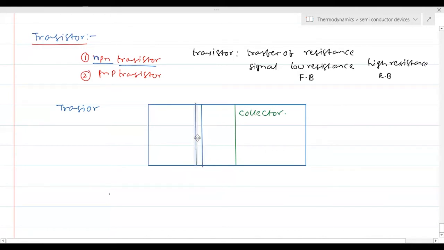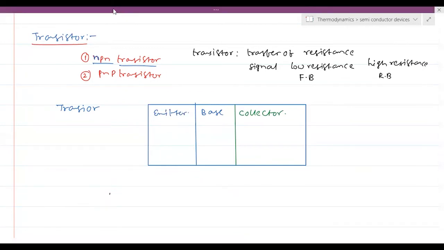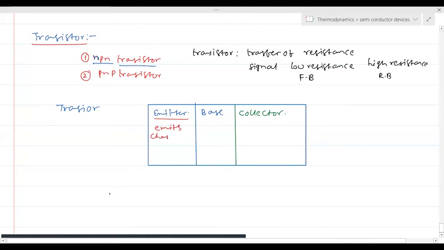So let us take this as the base, and this will be the emitter. The emitter emits, or generates, charge carriers.